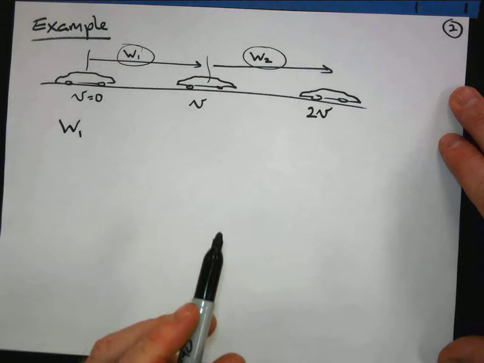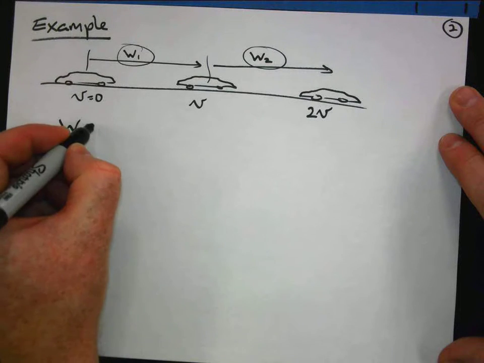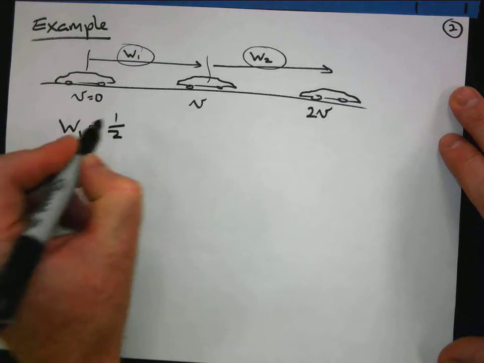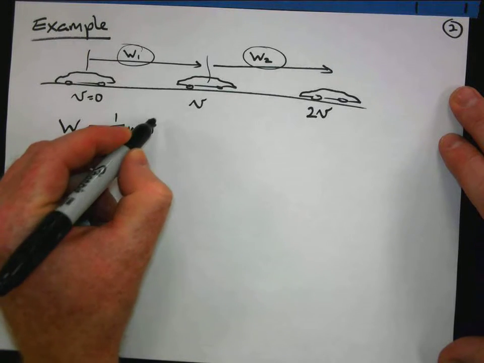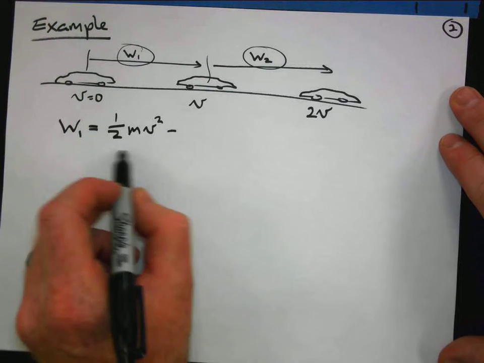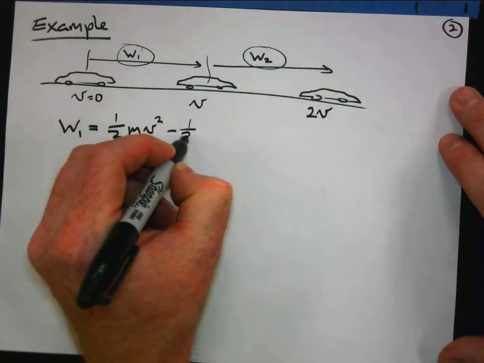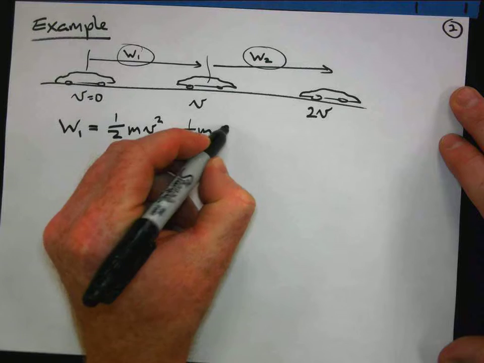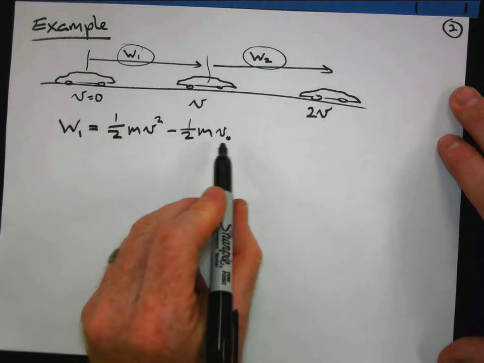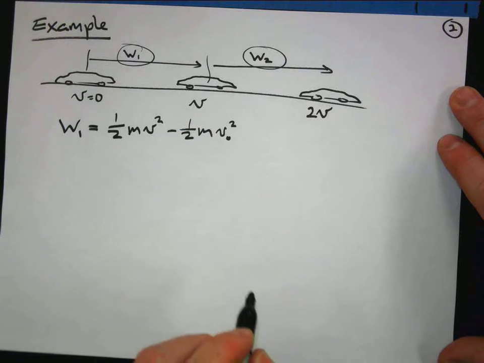And so, with our work energy theorem, we know that this is going to be equal to the change in kinetic energy. And the change in kinetic energy is basically our final kinetic energy, take away our initial kinetic energy. I'll put v0 there, just so that we can differentiate the two v's, and that'll be squared.